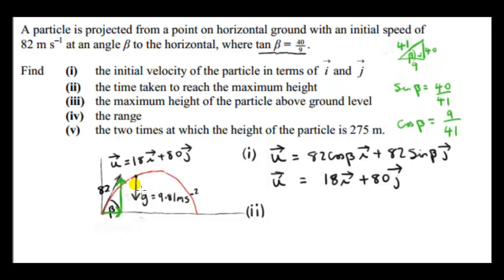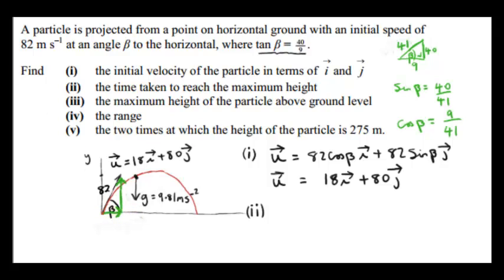Okay, so there's no air resistance, so there's no force on the particle in the horizontal direction. The only force on the particle is gravity. So we're only going to look at the y value of this particle. Okay, so we're looking at just the velocity in the y direction, because the velocity in the x direction stays constant.